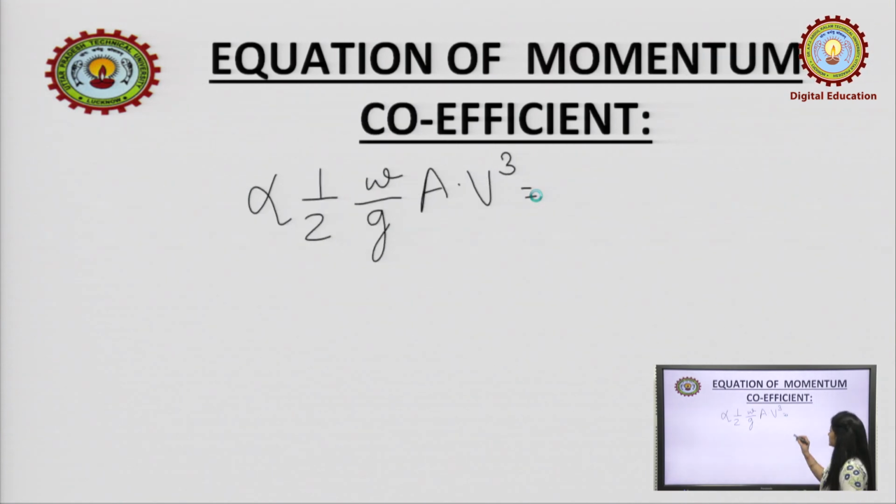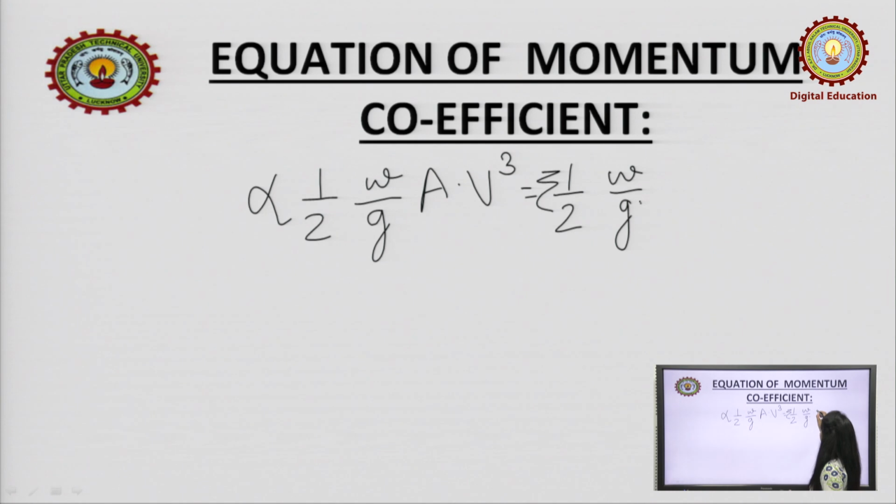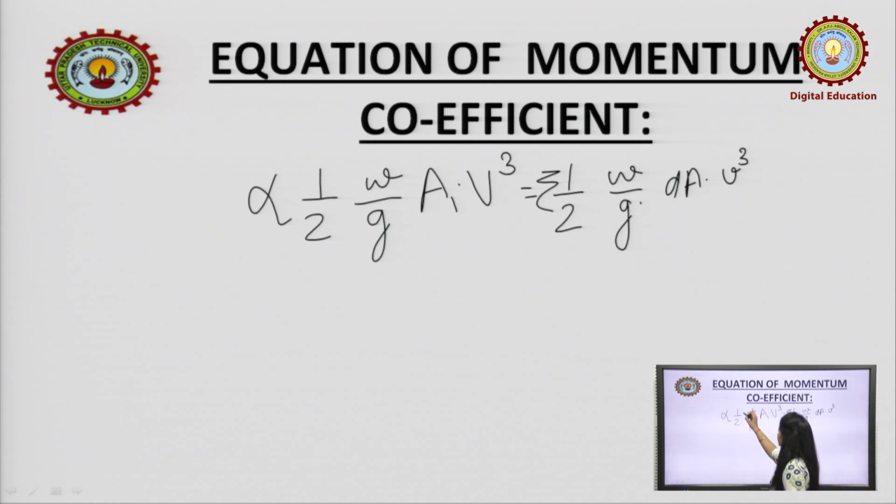So, we can write the summation of 1 by 2 specific weight by g, and instead of capital A as a whole, we are going to do the summation of elemental area into the velocity of that elemental portion. You can see these values get cancelled.